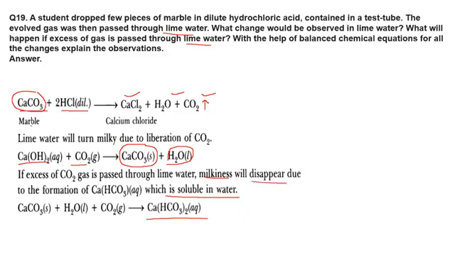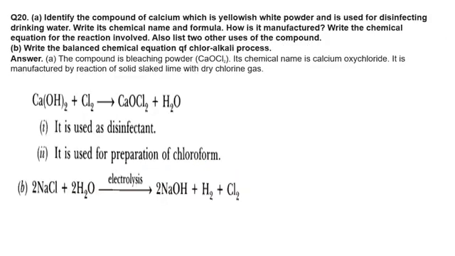Very important question. Question number 20. Identify the compound of calcium which is a yellowish white powder and is used for disinfecting drinking water. So the moment you see the words disinfecting water or drinking water, we all know that it is nothing but chlorine.